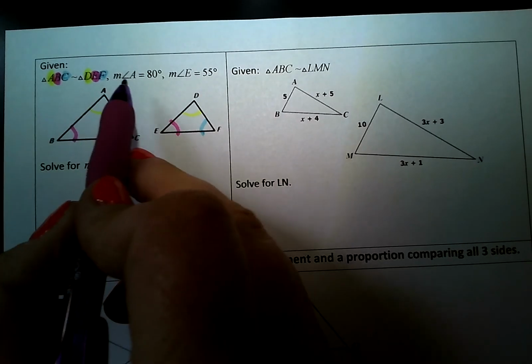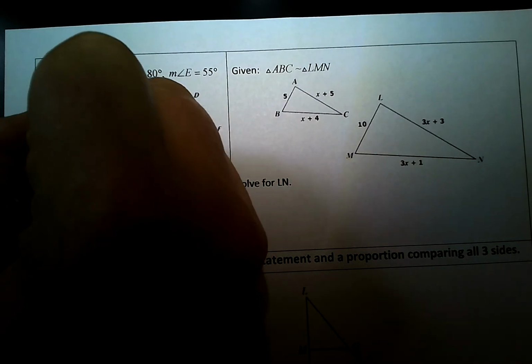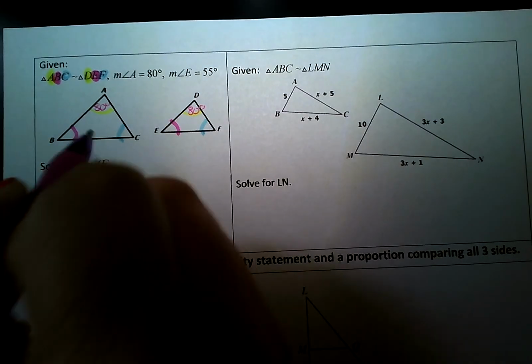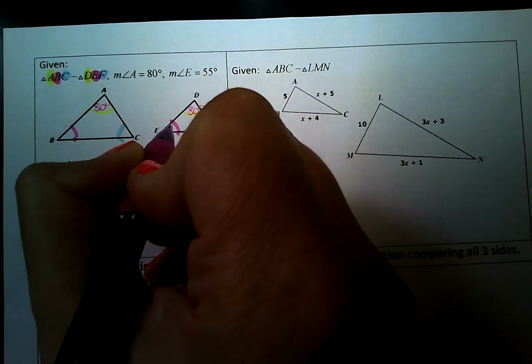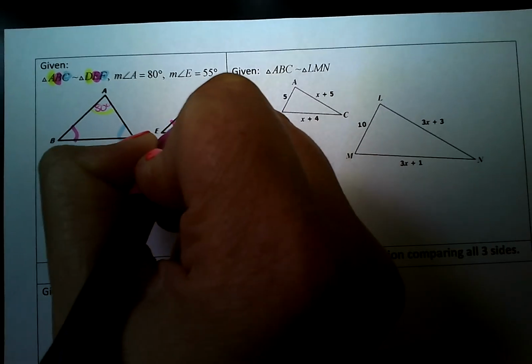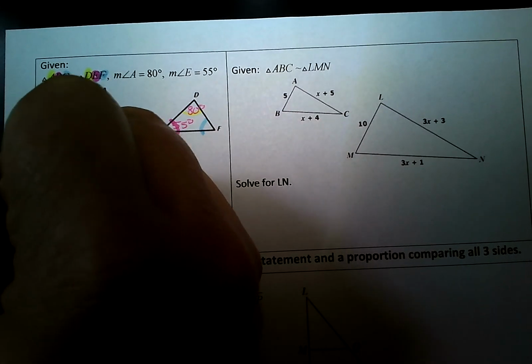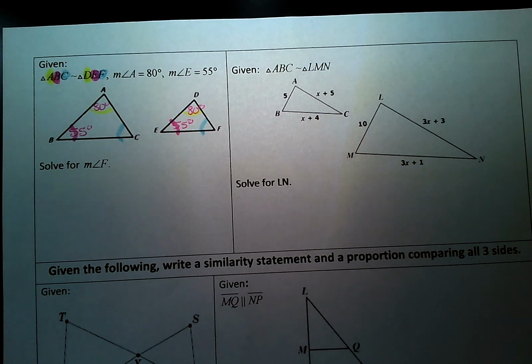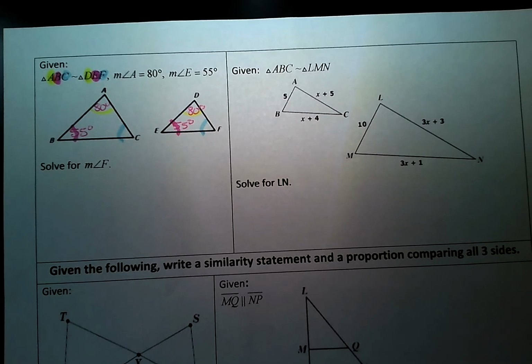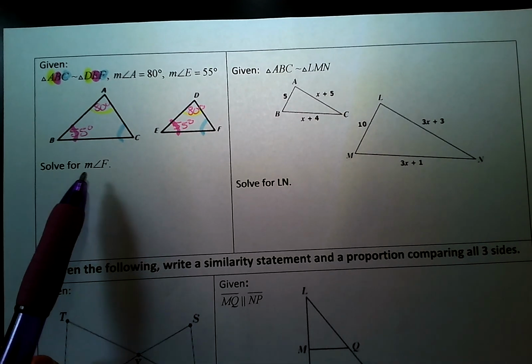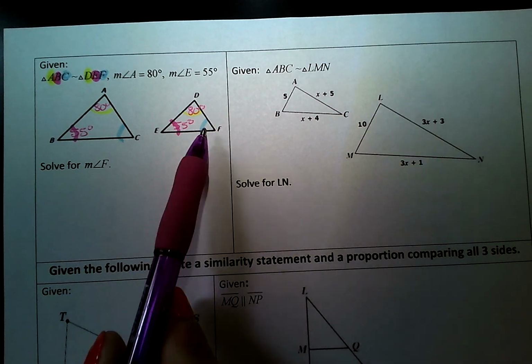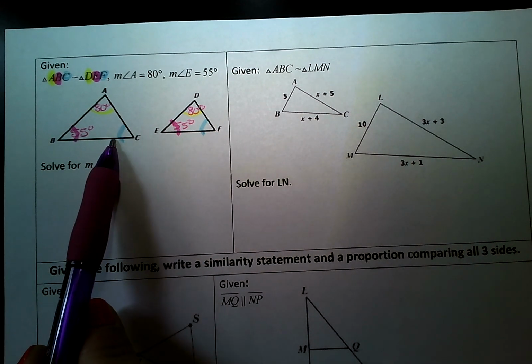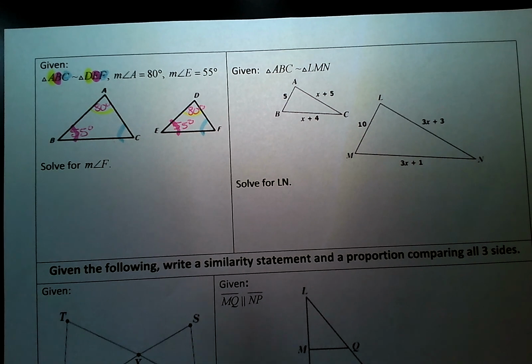So if I'm given angle A is 80 degrees, I also know angle D is 80 degrees. If I'm given angle E is 55 degrees, then I also know angle B is 55 degrees. The job is to solve for the measure of angle F. Well, the measure of angle F is going to be whatever the measure of angle C is. What I know about triangles is all three angles must sum up to 180 degrees.